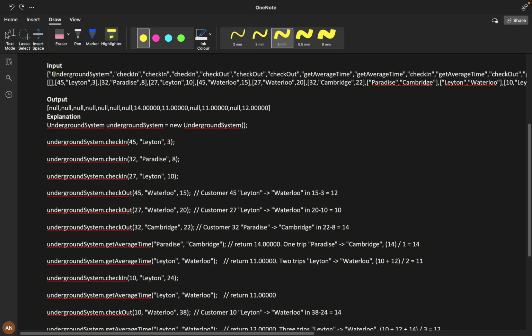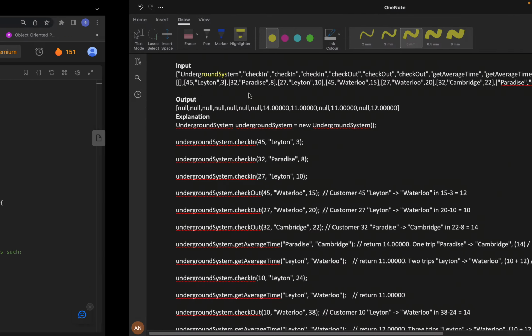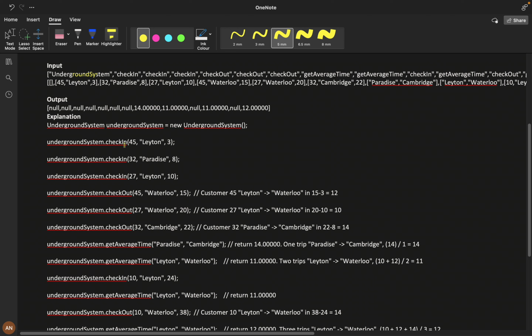Here, declaring UndergroundSystem means it will go into this function. First, this is a constructor for this class. Then underground.checkIn: the ID is 45, he is starting at Leyton, and the check-in time is 3.